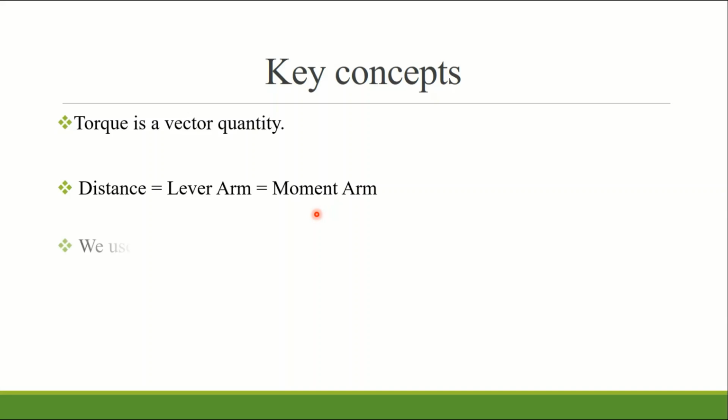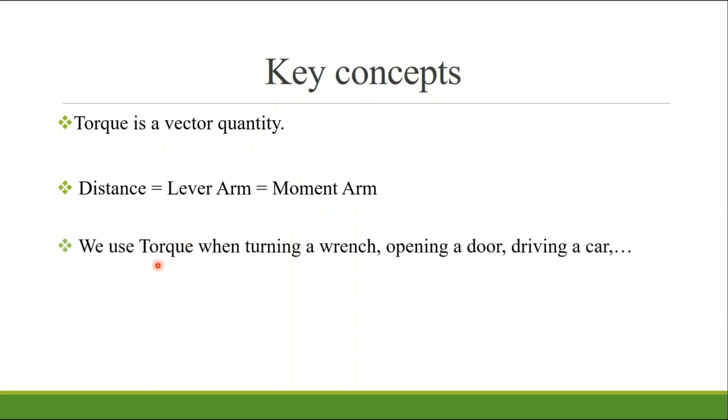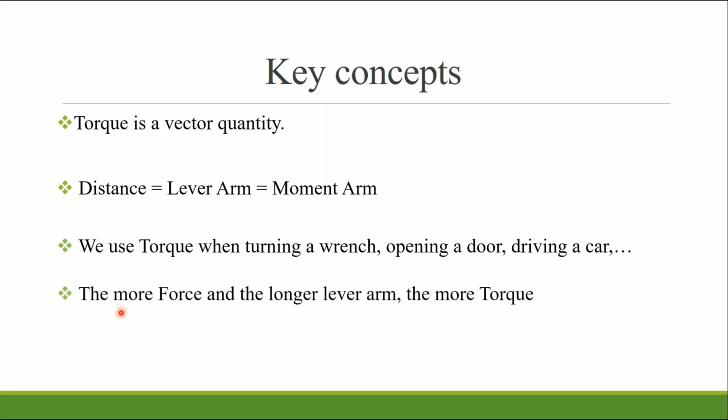We use torque created by the applied force in our daily lives, like when turning a wrench, opening a door, or driving a car. According to the torque formula, when we apply more force with a longer lever arm, you make more torque.